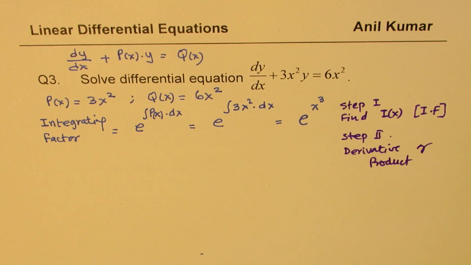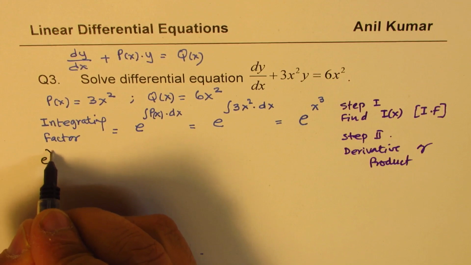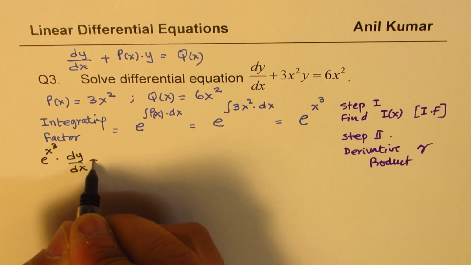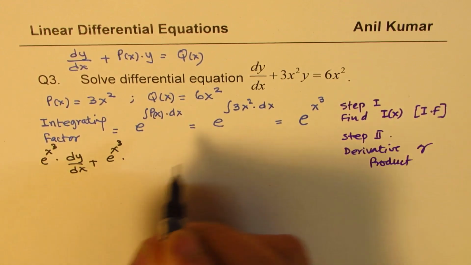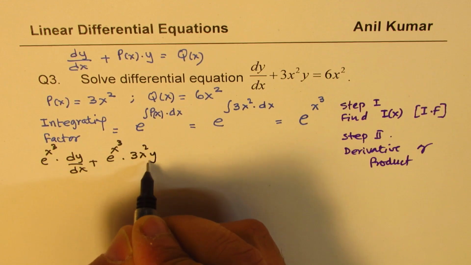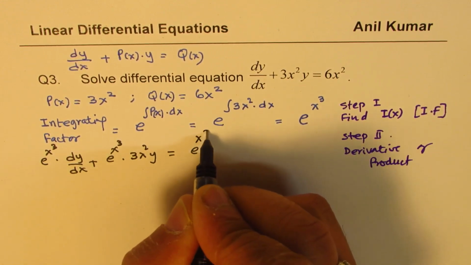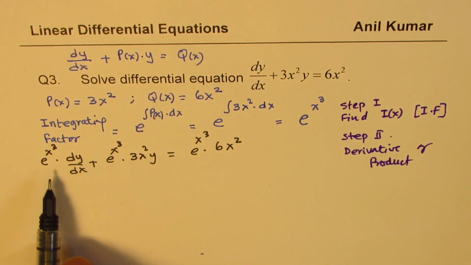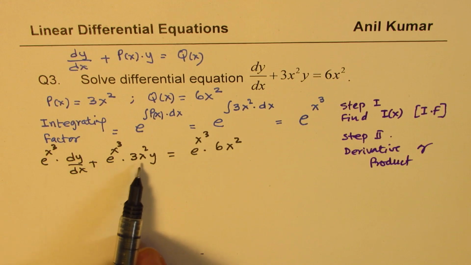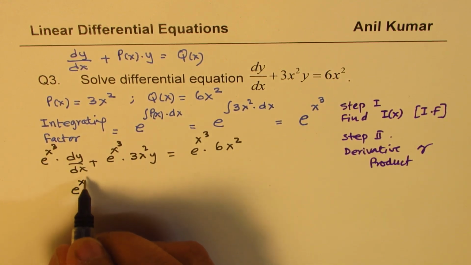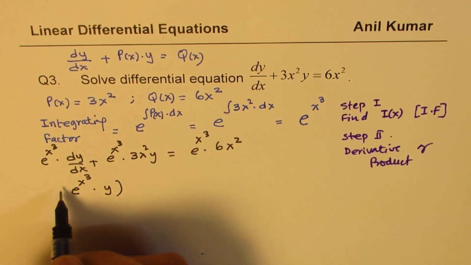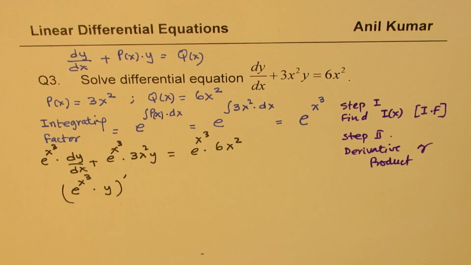Now when you multiply each and every term by e to the power of x cubed, the first term, e to the power of x cubed times dy/dx, plus e to the power of x cubed times the second term, 3x squared y, should be equal to e to the power of x cubed times 6x squared, right? Now what you notice here is that the left side could be written as the derivative of e to the power of x cubed, which is the integrating factor, times y, d/dx of this, correct?